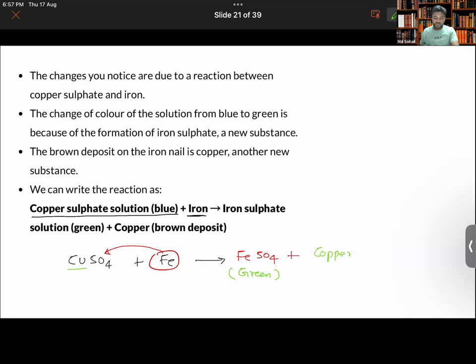This copper will also remain in the same beaker. So the change of the color of the solution from blue to green is because of the formation of iron sulfate. That is the new substance here. And the brown deposit on the iron nail is copper, another new substance.